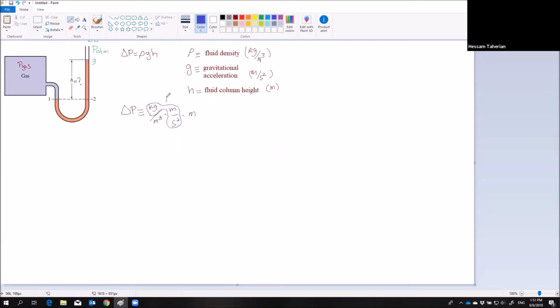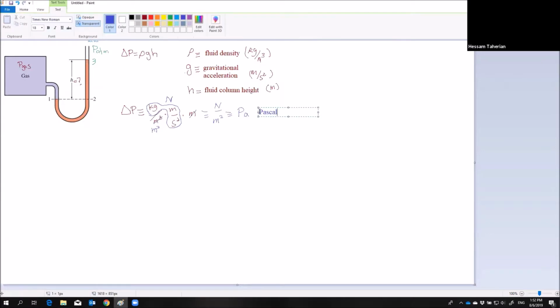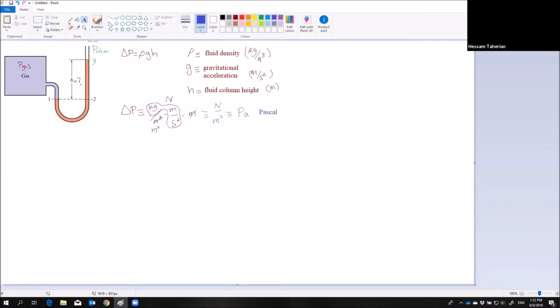This is familiar. It's Newton. And then I cancel this, and I'll have meters squared here. So at the end, I'm going to have newtons per meter squared. This is called a Pascal, which is the unit for pressure.